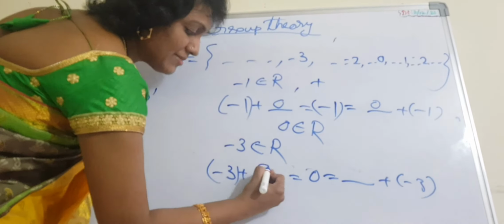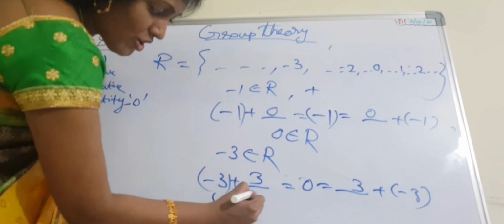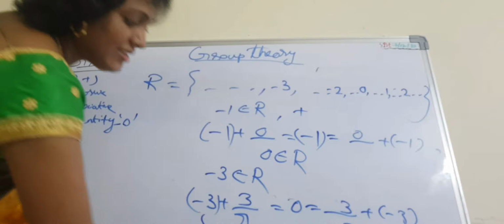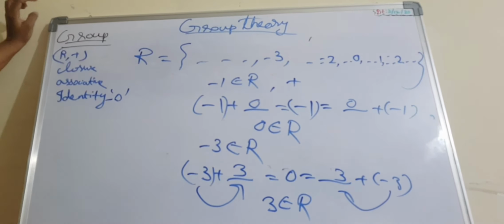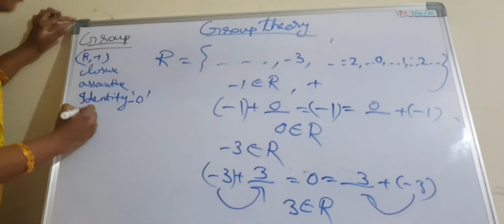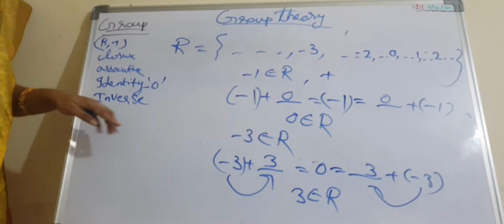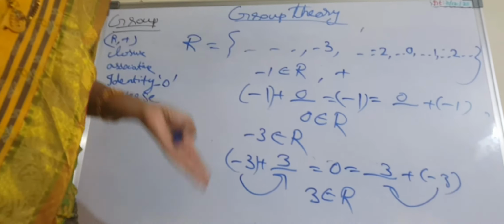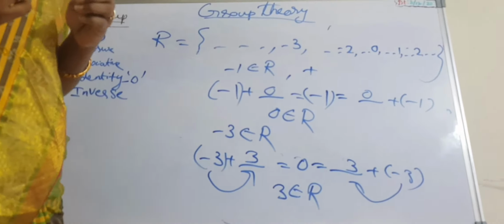If we add plus 3. So the inverse of -3 is 3. Does 3 belong to real numbers? Yes. Therefore, existence of inverse. Similarly, if we take 2 we get -2, and -2 gives plus 2 as the inverse. It also belongs to real numbers.